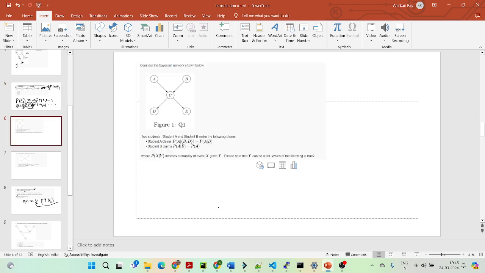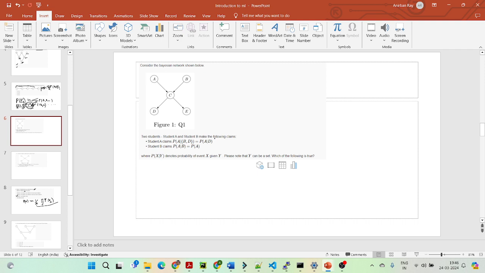So the idea is that given D, here what they're explaining is that A and B are independent. You can see that on the right-hand side they've removed B. What it means is that writing B or not writing B makes the same sense.